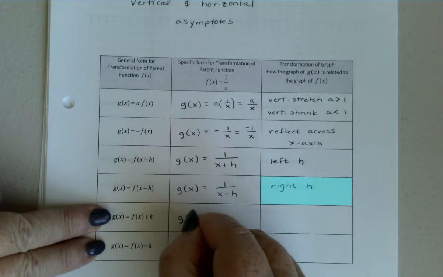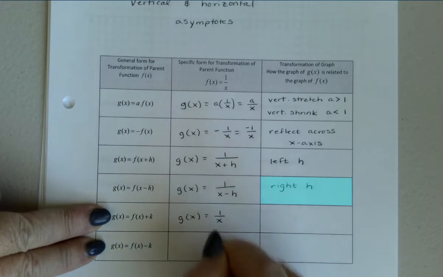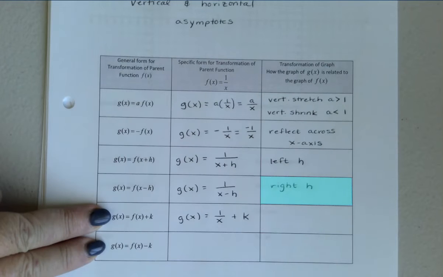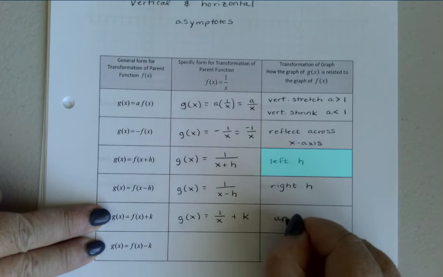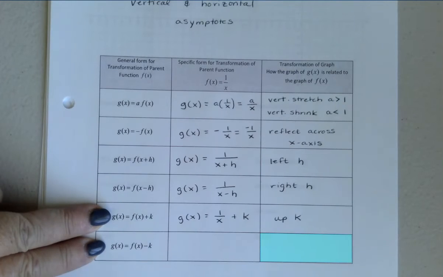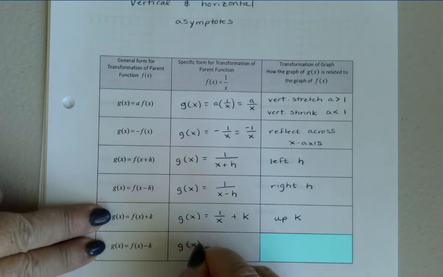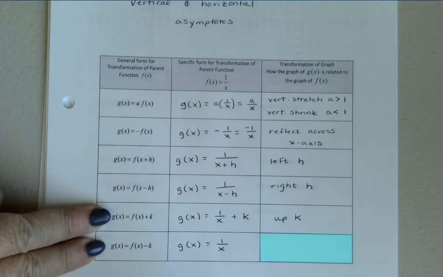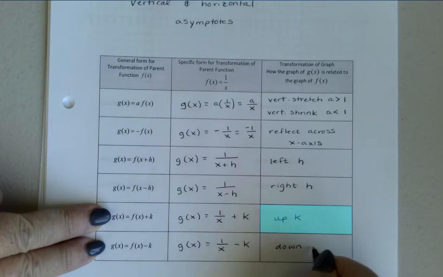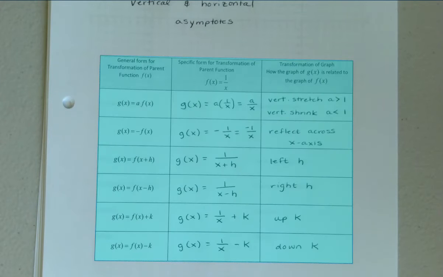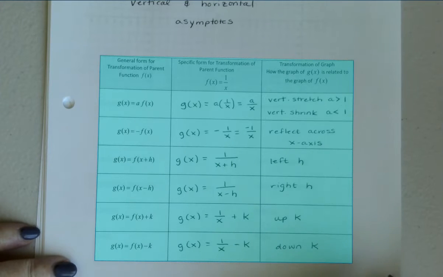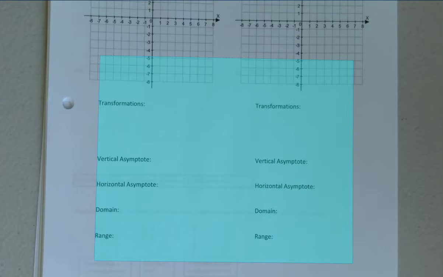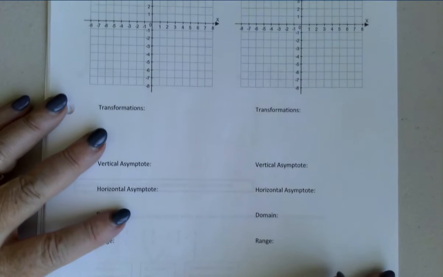If I take my whole parent function, 1 over x, and add k, I'll be shifting my graph up by k units. And again, if I take the whole parent function, 1 over x, and subtract k units, I'll be shifting my whole graph down by k units. So, very much the same types of shifts that we've seen a number of times before. Let's practice those in the context of these algebraic fractions or rational functions.